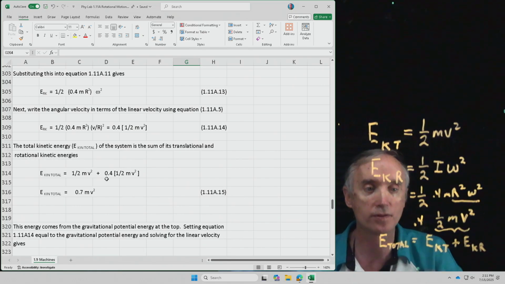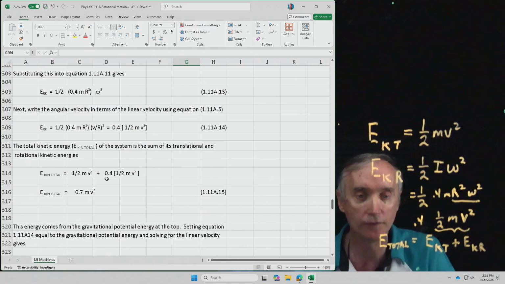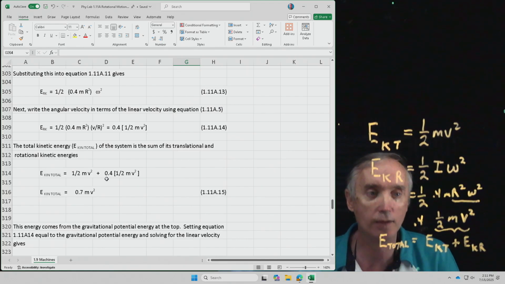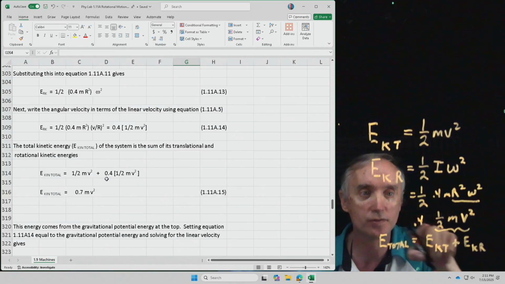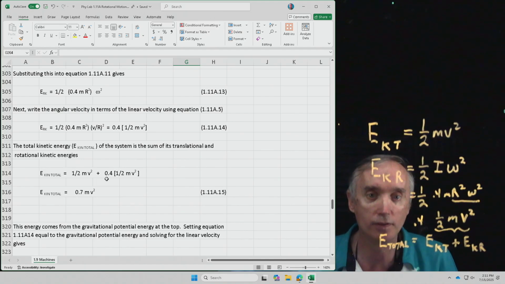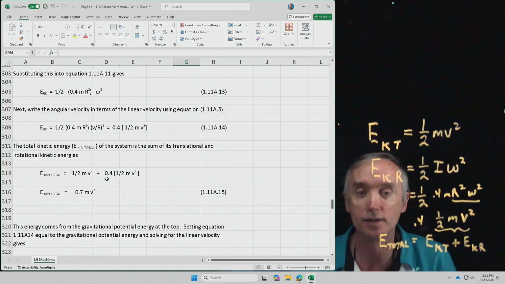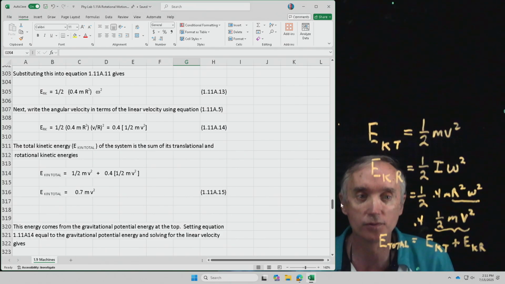And we know that the translational is 1/2 mv squared, and we know that the rotational is this one here. So now we're just going to combine everything, and it turns out to be 0.7. So if you want to try that, go ahead. So now you got the total kinetic energy is equal to 0.7 mv squared. Who cares? So how can we use that now?